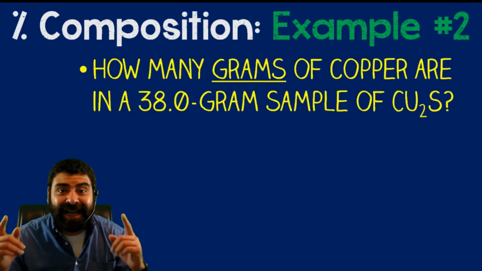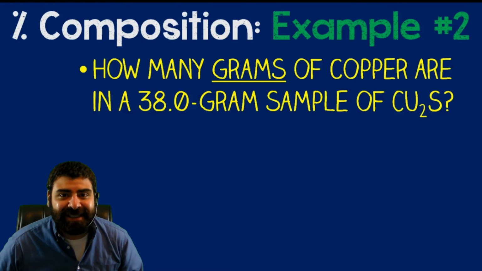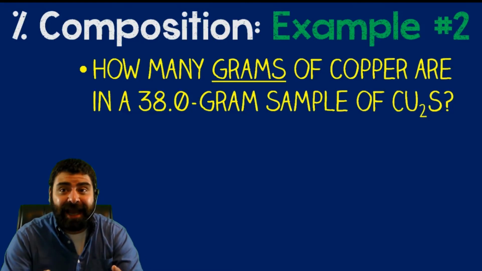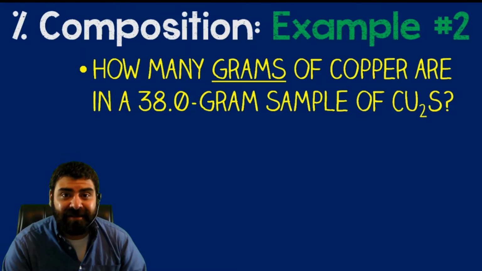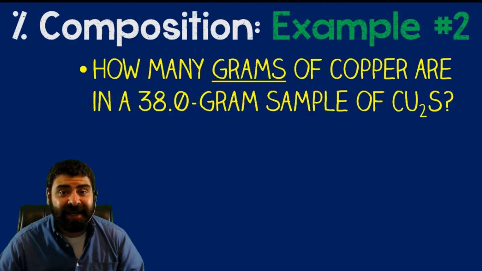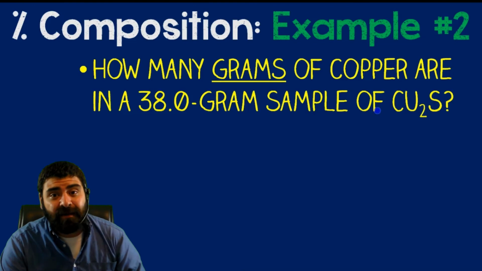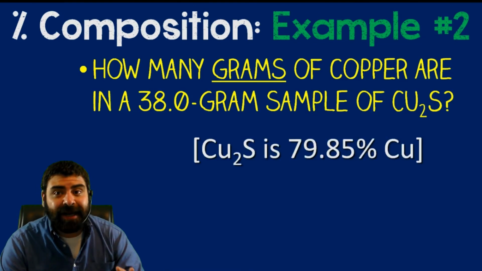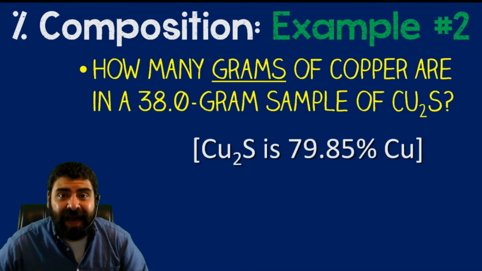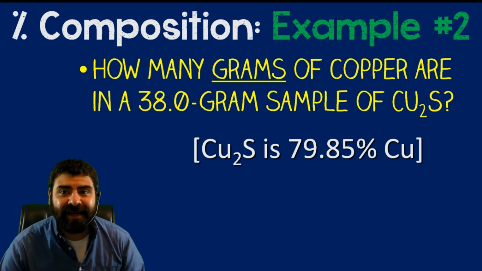Alright, let's take a look at example 2 of percent composition. How many grams of copper are in a 38 gram sample of copper sulfide? Well, we learned earlier in a problem we did that copper makes up 79.85% of copper sulfide.